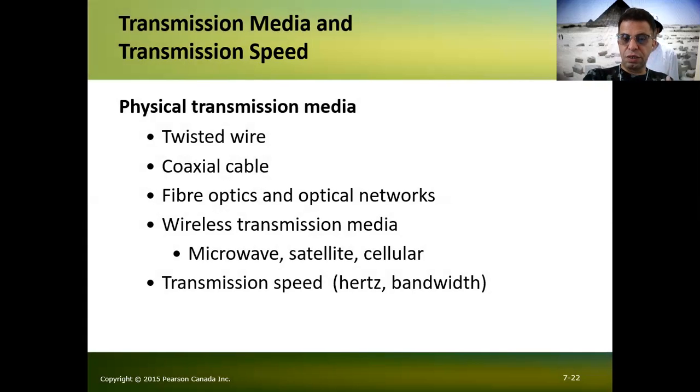Now, the physical transmission. It could be through twisted wires in the old days. Then they became coaxial cable, which some countries still use. Some countries use fiber optics and optical networks in the city, but once they reach the home, they use twisted or coaxial.